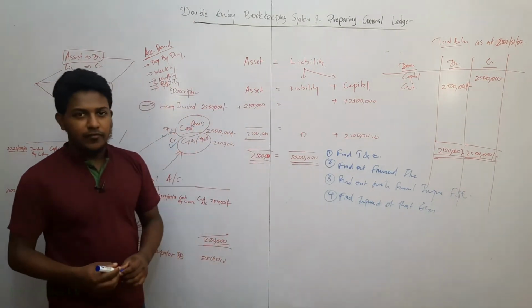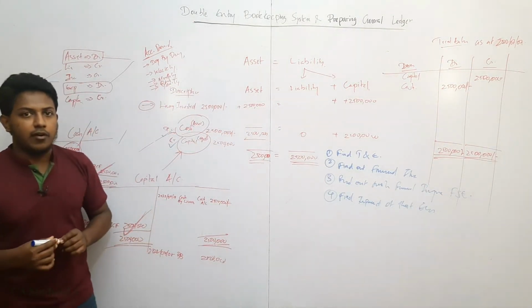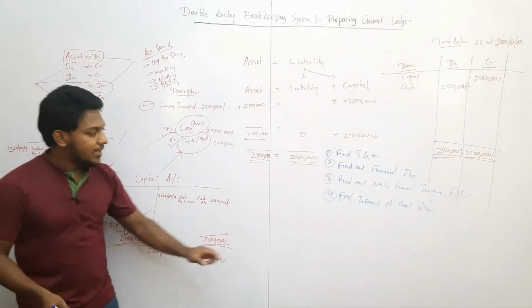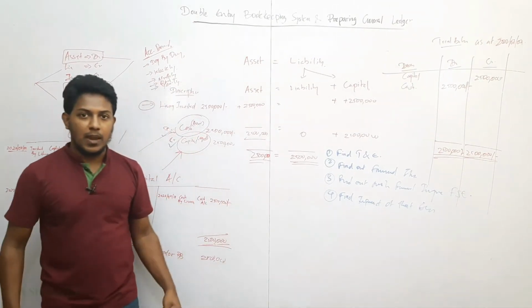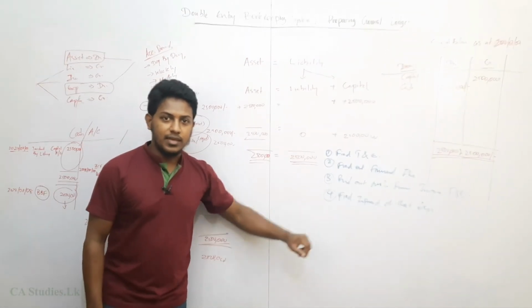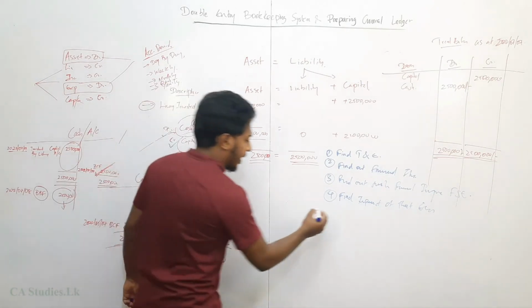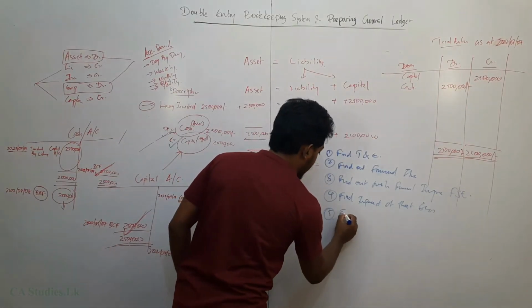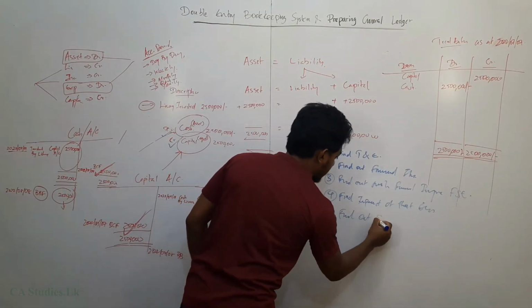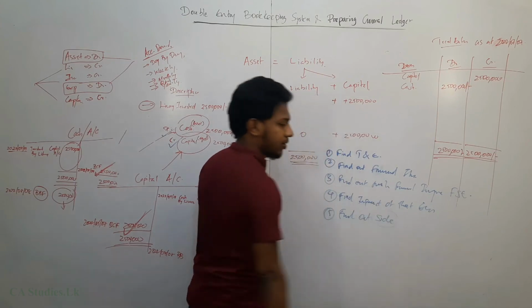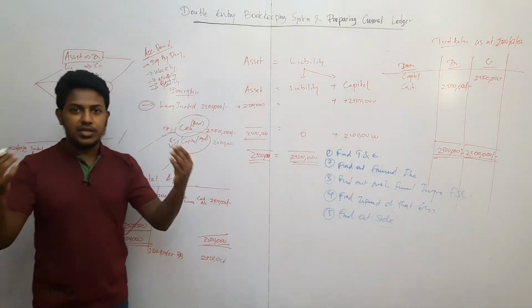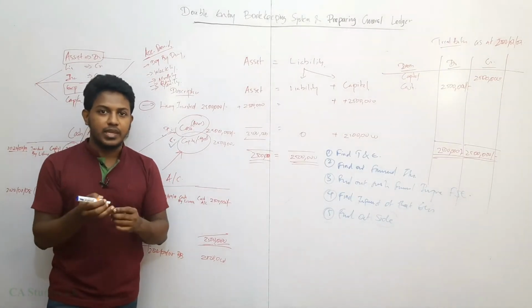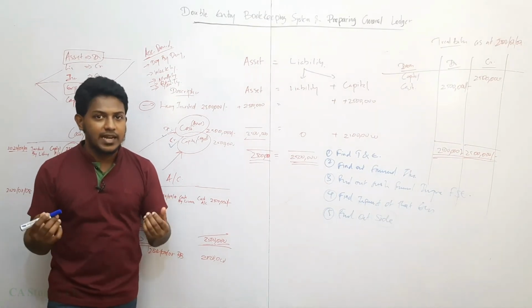Cash increase means asset increase, that is the fourth step. Capital increase means equity increases. Now find out the side, debit or credit. Cash increase means asset increase, debit side. Capital increase means equity increases, credit side.